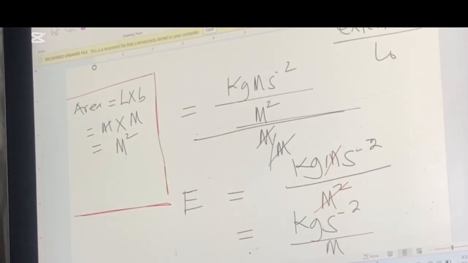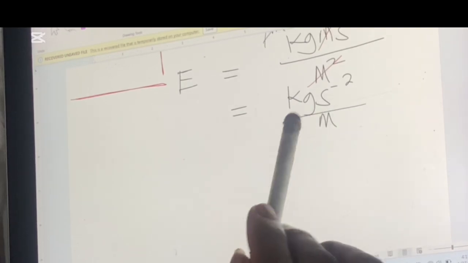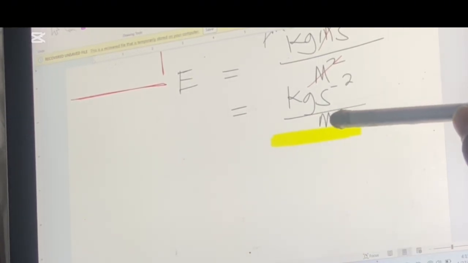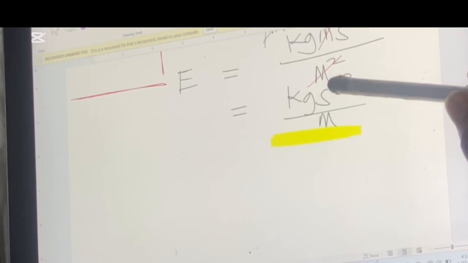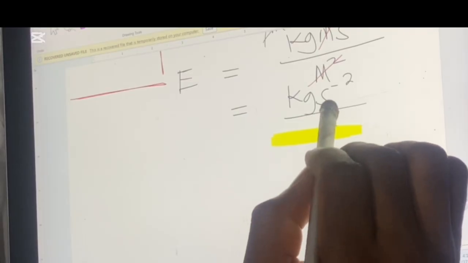So class, expressing this here in a linear form, that means I have to take the meter at denominator to numerator. When you do that, remember there's an invisible one here, and whenever you are taking anything from denominator to numerator, the sign of the power will change.